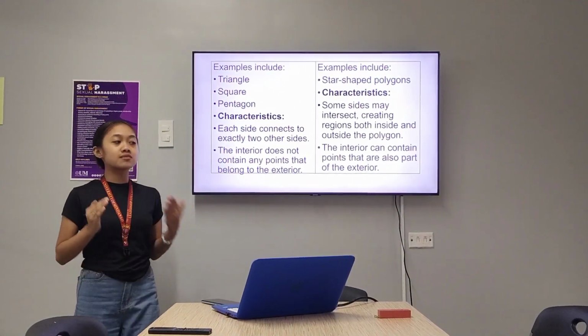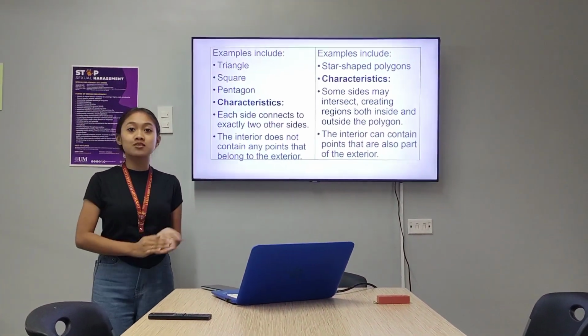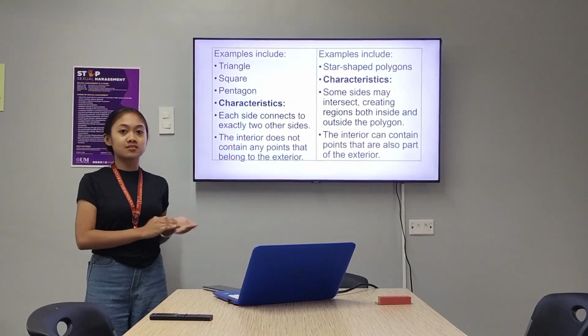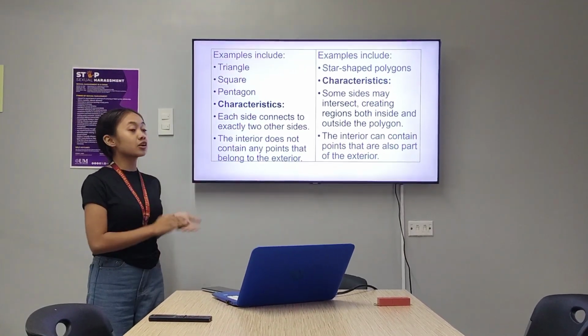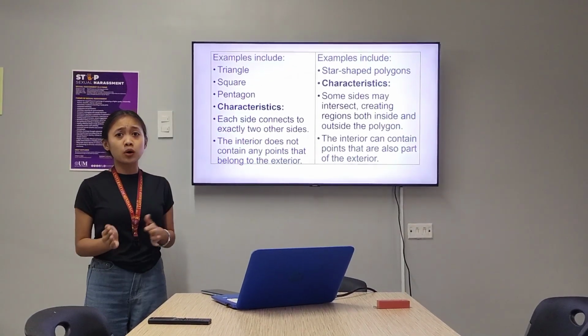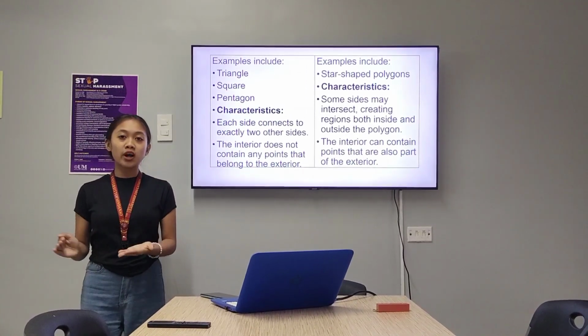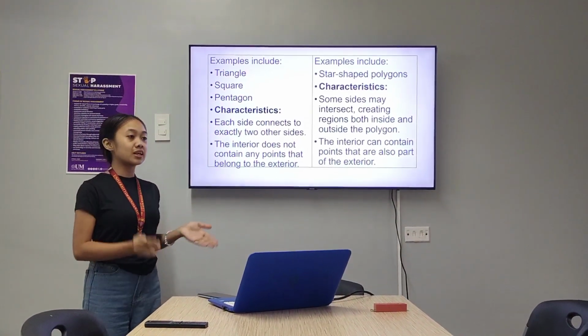So in the simple polygon, the interior point belongs to the interior and the exterior point belongs to the exterior. While in a complex polygon, an interior point can belong to the exterior, while an exterior point can be moved to the interior.